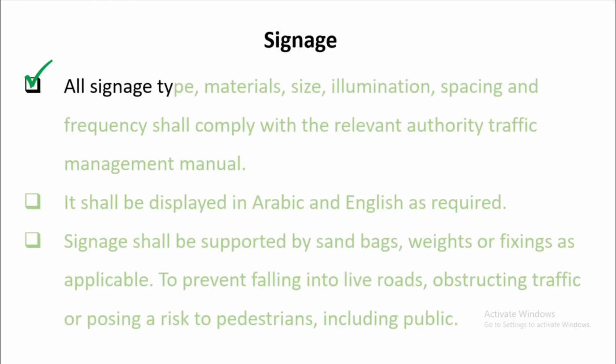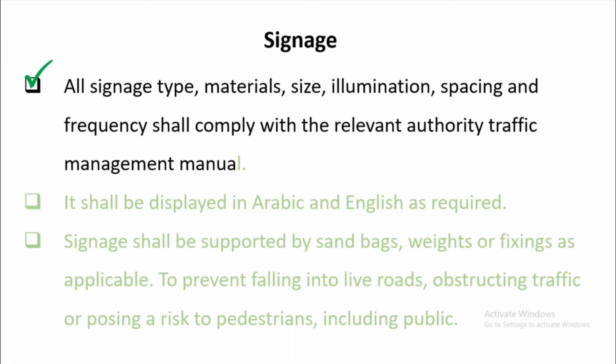Signages. All signage types, materials, size, illumination, spacing, and frequency shall comply with the relevant authority traffic management manual. So we need to check that our signages are complying with the relevant traffic management manuals from the authority.